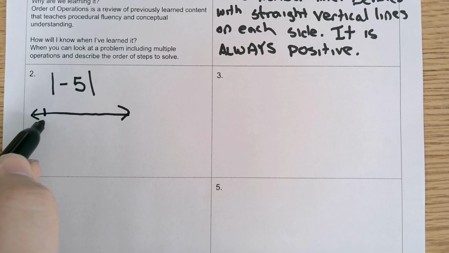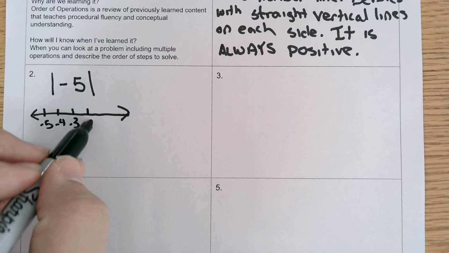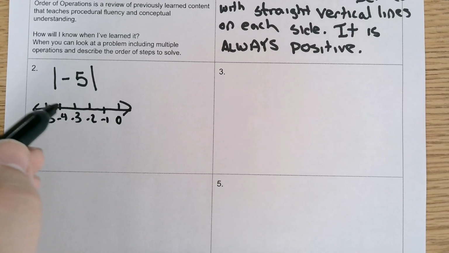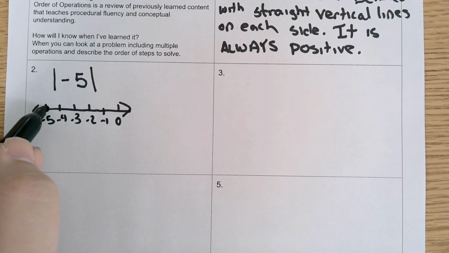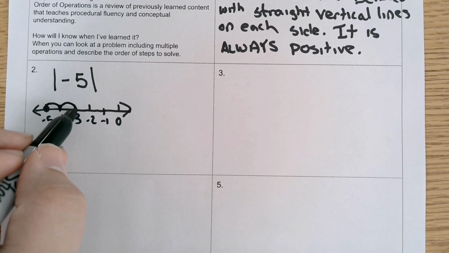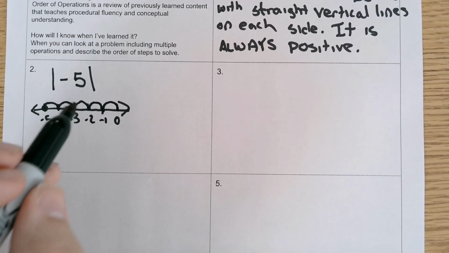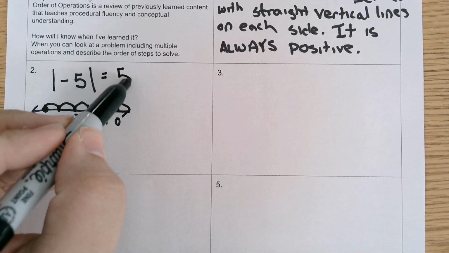Okay, start at -5, -4, -3, -2, -1, and 0. And you're going to start at -5 and go until you get to 0. 1, 2, 3, 4, 5. So the absolute value of -5 is 5.